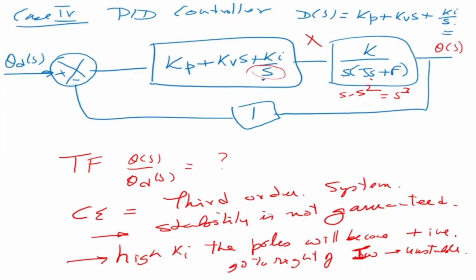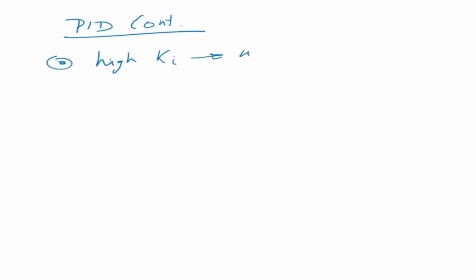So the disadvantages of the PID controller: number one is that a high Ki will make it unstable. Number two is this integral, Ki into integral of e dt, which is the I part.